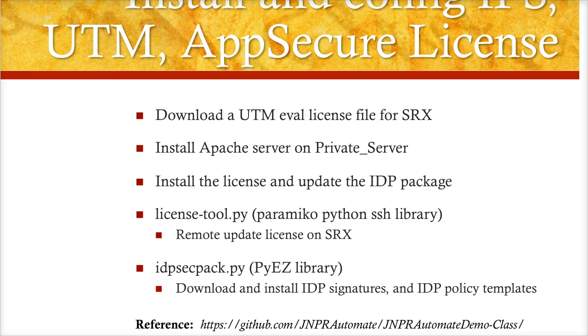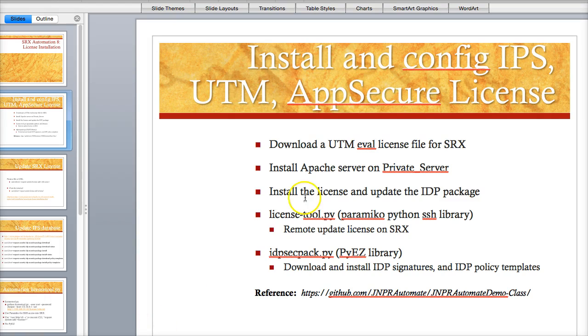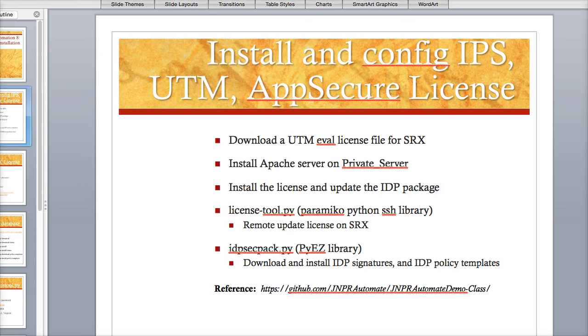So in this lab, basically what we're going to do is install and configure IPS. And so on SRX, if you need to run IPS, UTM, or AppSecure, you will need to have a license and also download the signature.